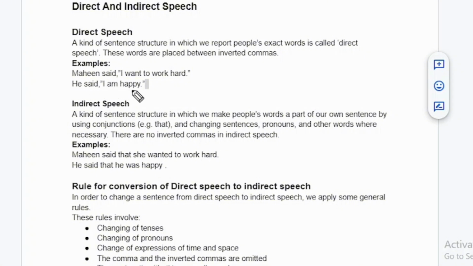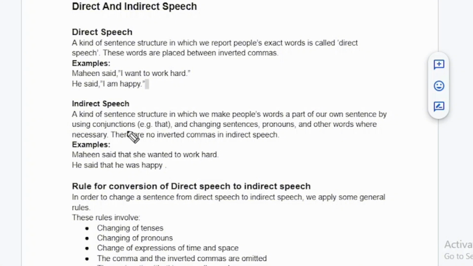So in this sentence, now the structure has been changed by "that," and the present has been converted into past. In the same way, as in the first sentence, Maheen said that, we added "that." Why did we add "that"? Because we removed the inverted commas. And then "she."